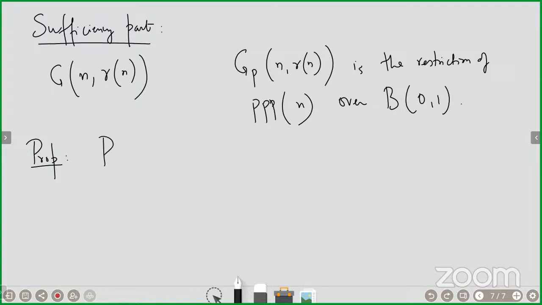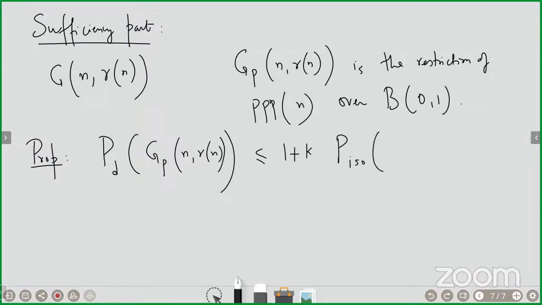The probability of disconnection in the graph G of n comma Rn is very close to 1 plus gamma times the probability of isolation in GP of n comma Rn, for n sufficiently large.